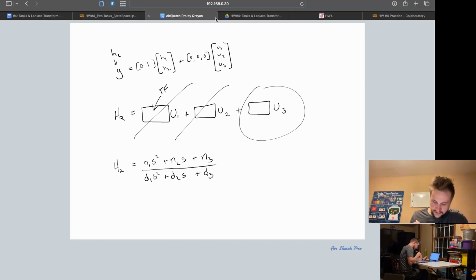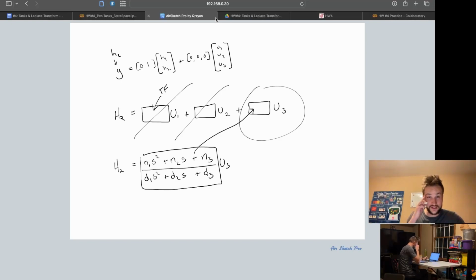Let's go ahead and figure out what these values are. We need to determine the coefficients in both our numerator and our denominator. That's going to give us our transfer function, which shows the sensitivity to which U3 impacts the fluid height in tank 2.